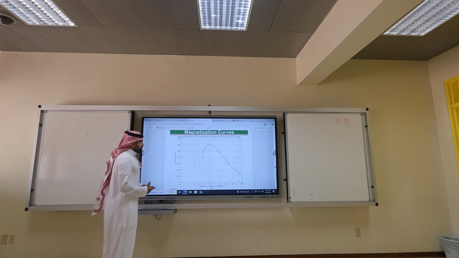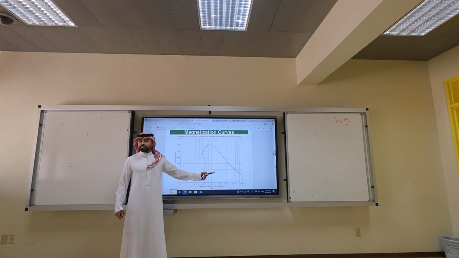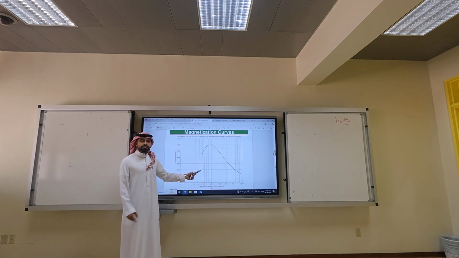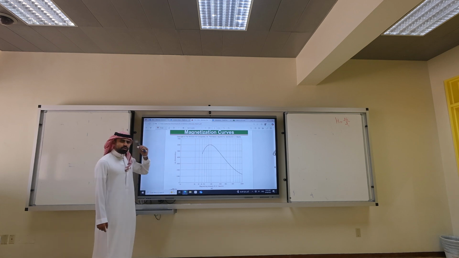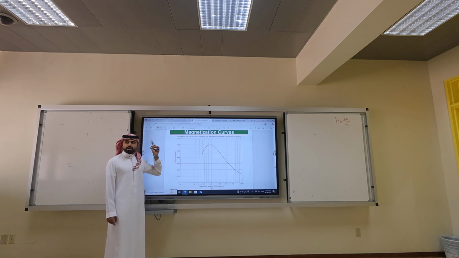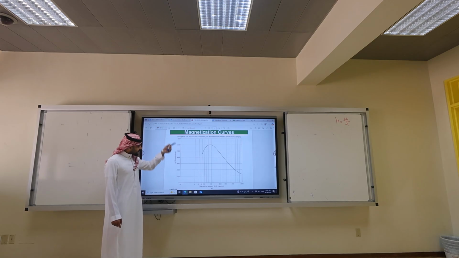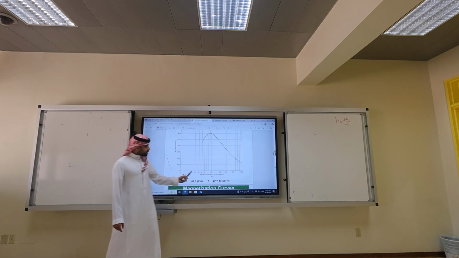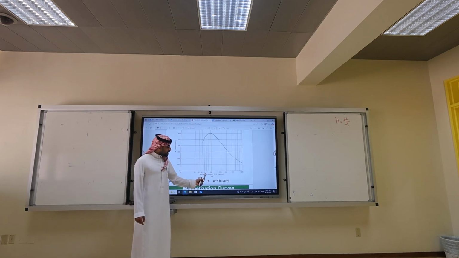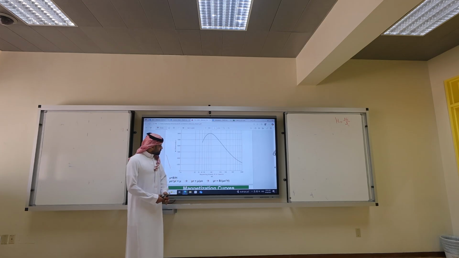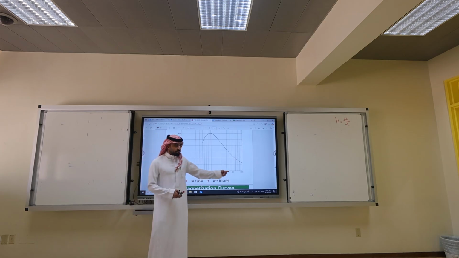I'm telling you the mu will change, right? Did I tell you that? Look at this curve. As a professional engineer, you always look at the axis and read what is there. Magnetization intensity H, amperes per meter. Is this a linear scale or log scale?